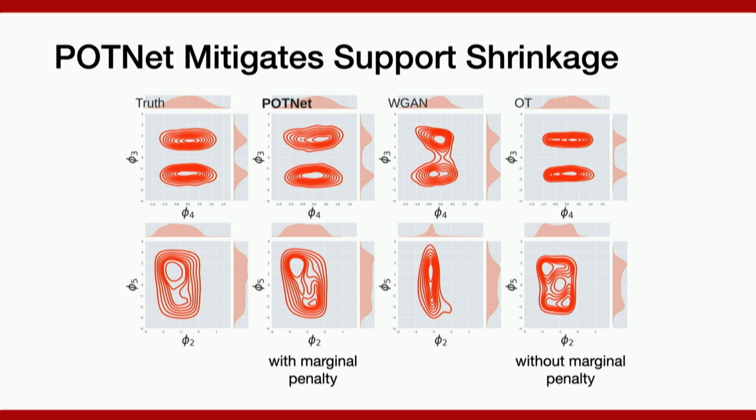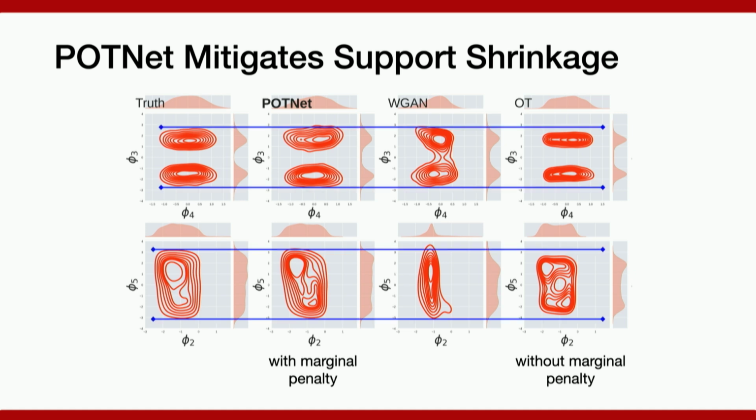First, I want to just highlight the remarkable resemblance between the contours corresponding to POTNet, the synthetic data, and also the real data. Now, if I put blue lines around the support of the true data, you will see that without adding marginal penalty, I actually shrink it horizontally, so I am losing tail information.